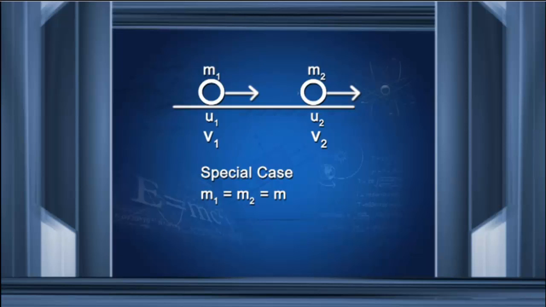If you now use this idea in your equations 7 and 8, you will find that the value of v1 will work out to be equal to u2 and the value of v2 will work out to be equal to u1. That means there is an exact interchange of velocities that will take place for the two bodies of equal mass.